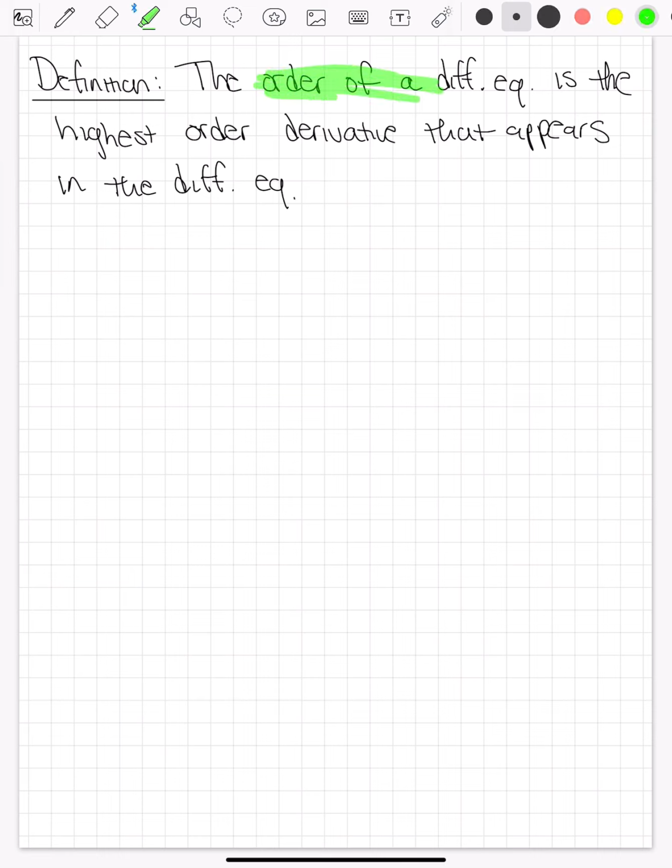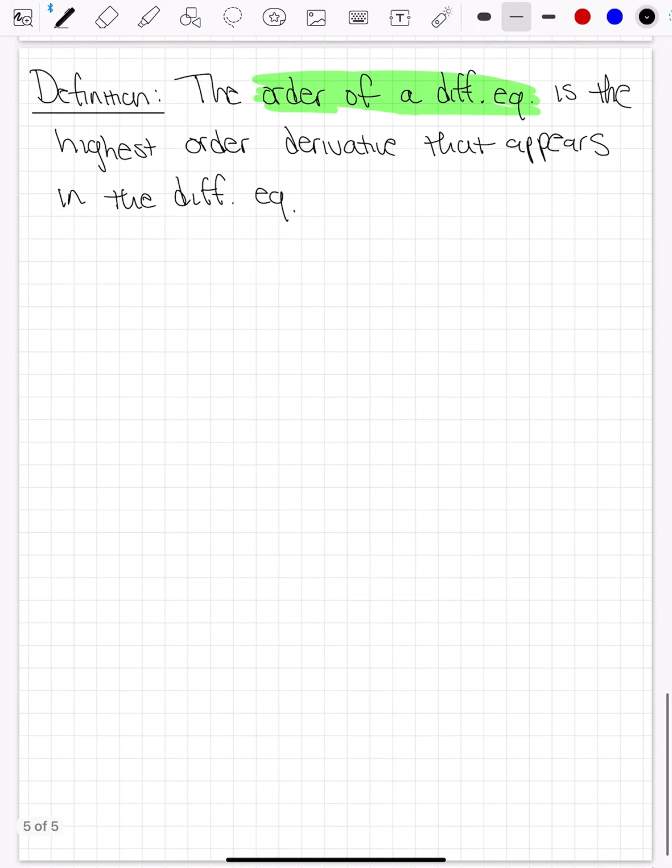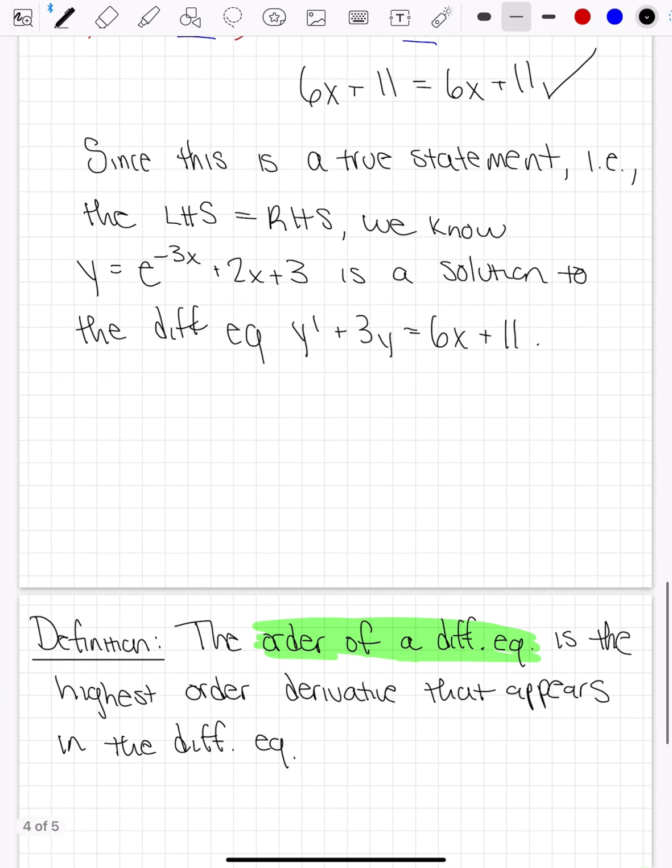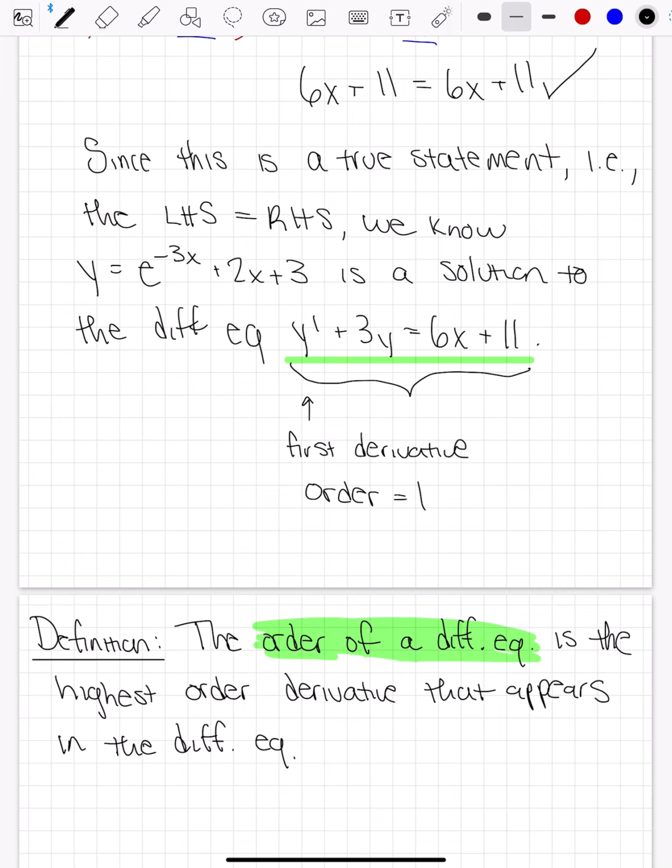We'll see this is important later on. When we look at this differential equation here, the highest derivative is the first derivative. We don't see a second, third, or fourth derivative, none of that. So the order is 1.